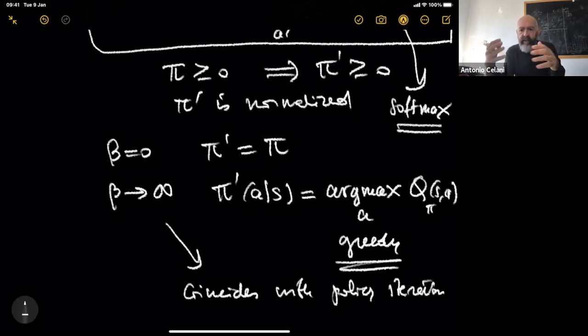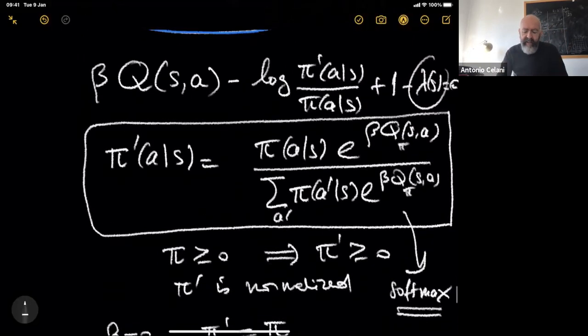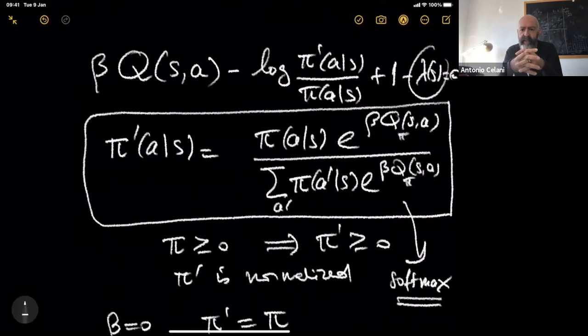So we forget about this notion of distance, and we go full throttle to optimize over the gradient. And we recover the original policy iteration that we discussed at the beginning of the lecture today. Okay? And of course, if you tune properly your beta, you will be making the right steps in the proper direction. And this is a very effective algorithm for policy improvement, because you don't visit all the corners.